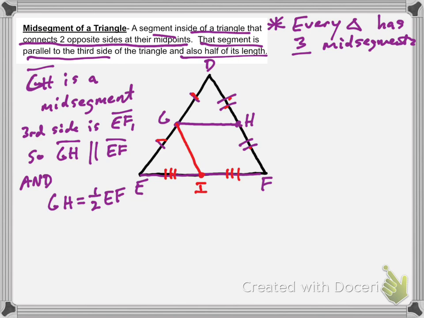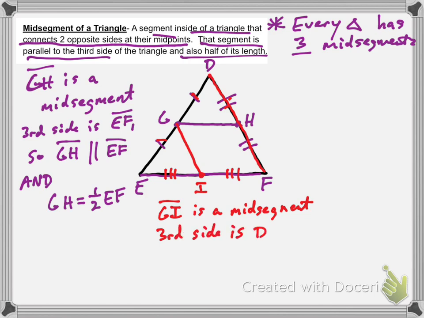So, GI is a midsegment. Now, in this case, the third side is DF.